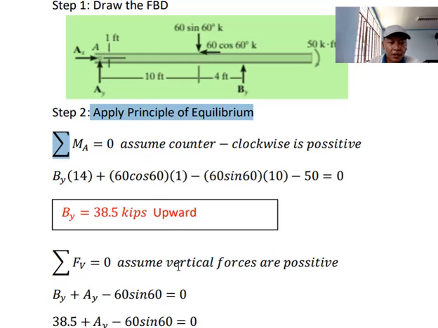Kindly check that in your notes. So By and Ay are positive, minus the downward force, 60 sin 60, then equals 0.